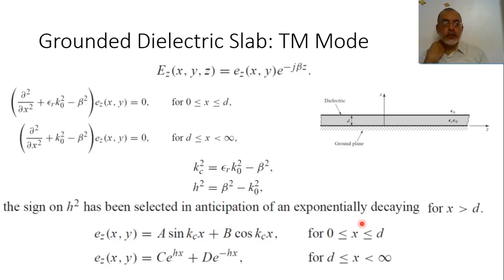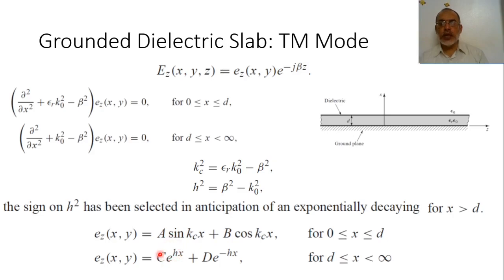On the other hand, the radiation boundary condition states that the field at infinity should be vanishing or at least constant. It cannot be increasing. And here, when x tends to infinity, the exponential term e to the power hx would be infinity.